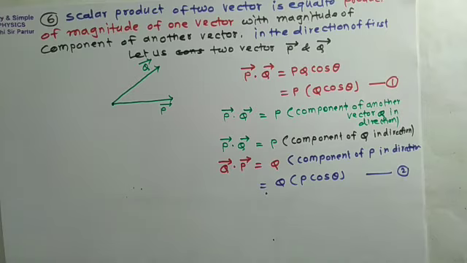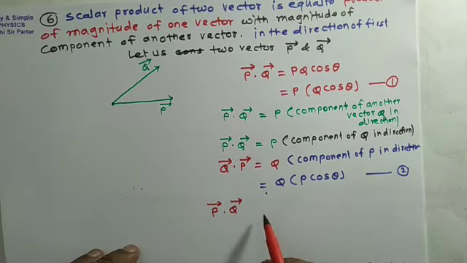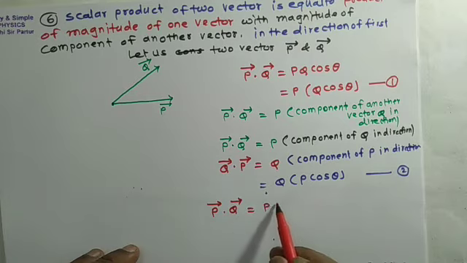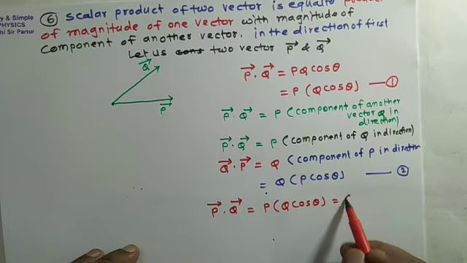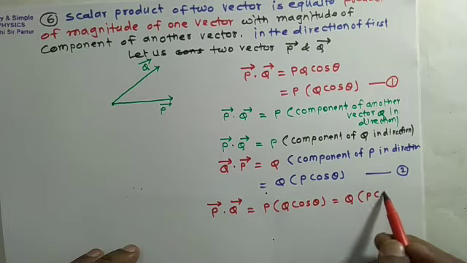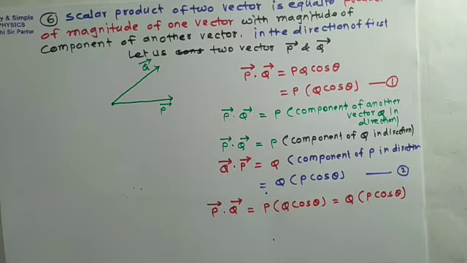So from these two equations we say that vector P dot vector Q is equal to P Q cos theta is equal to Q P cos theta. So this will be the characteristics.